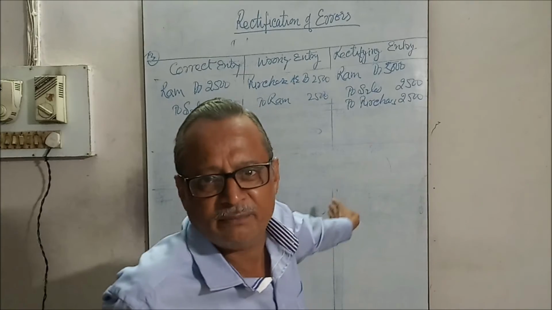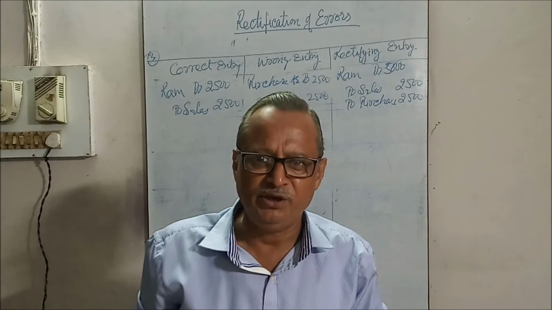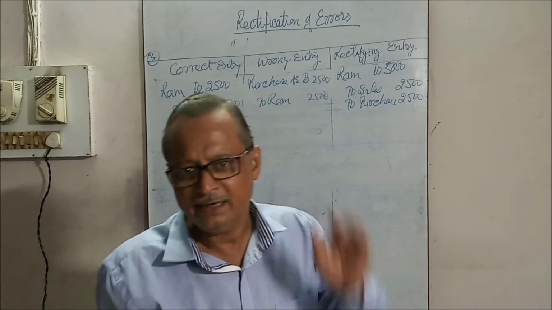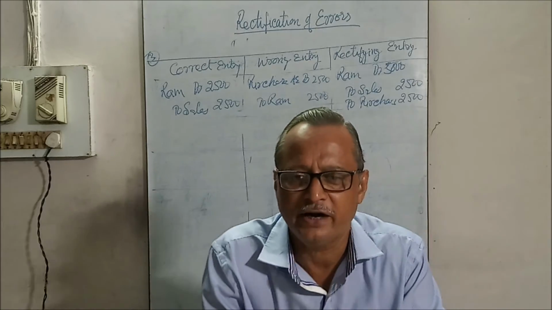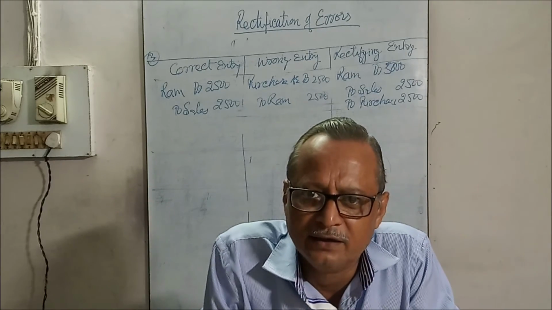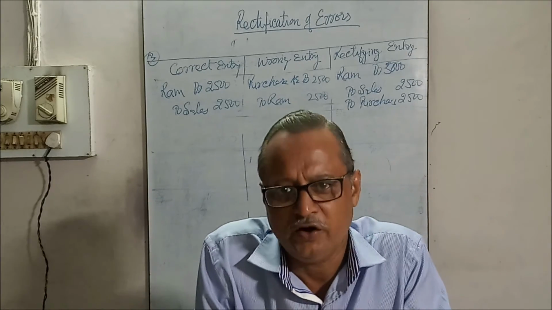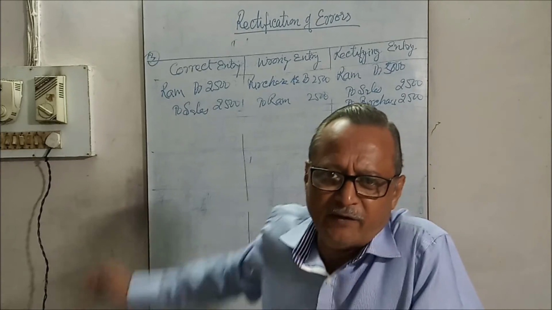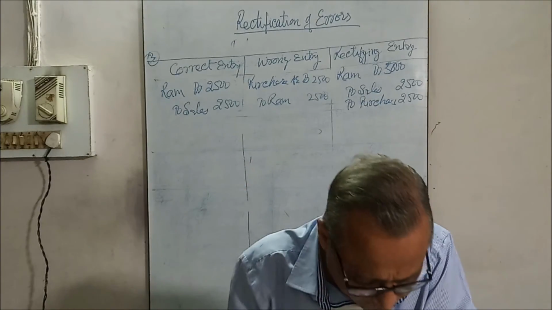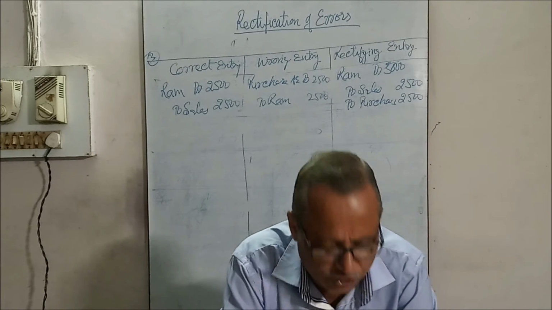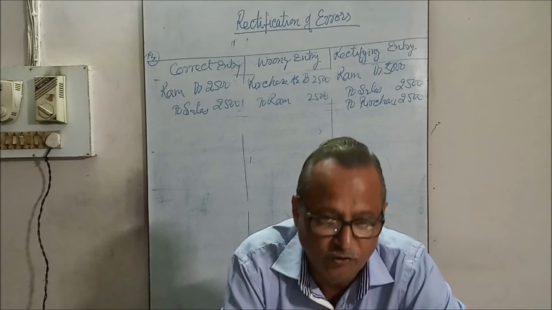It is an error of commission. Meaning in the wrong book it is recorded, or on the wrong side of the current account. It is in the journal only. Double-sided error.